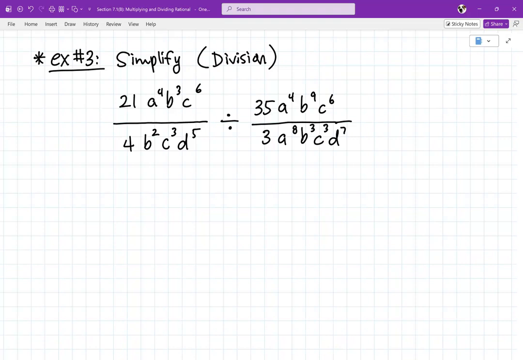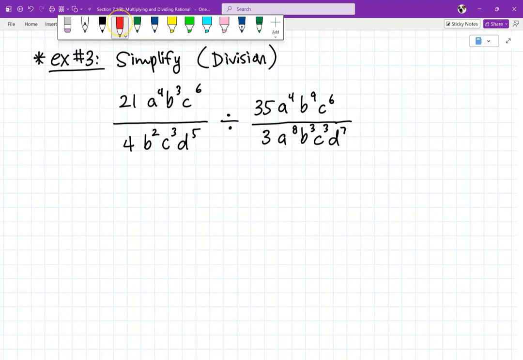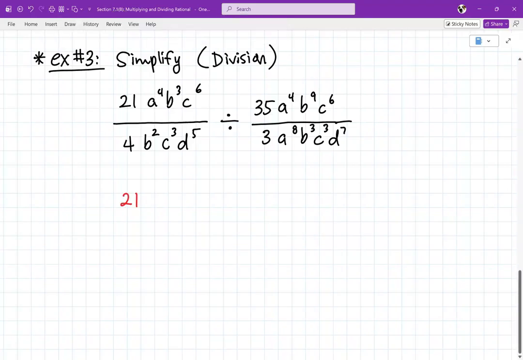So here we go. First step, rewriting. And this is basically the only thing that's different. So let me go ahead and rewrite the first fraction. 4b squared c cubed d to the 5th times, so notice instead of division, I'm going to put times.